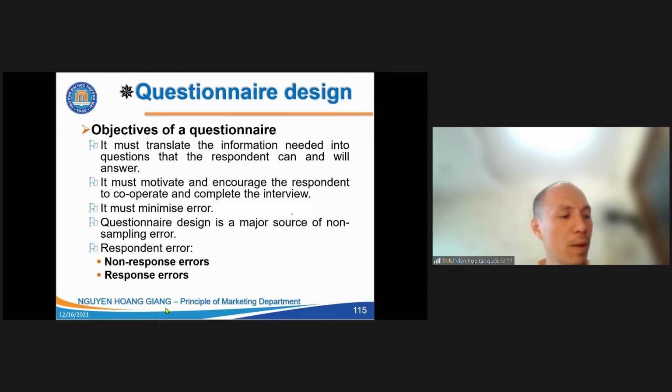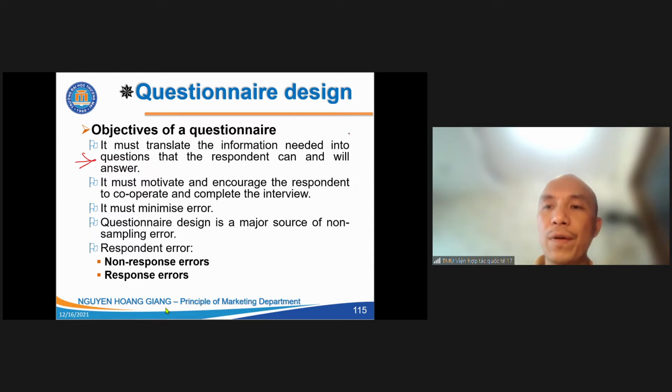The objective of the questionnaire is quite clear, that it must translate the information needed into the questions that the respondents can and will answer. When we just look at this, we feel that it's very simple, but actually it's very difficult.